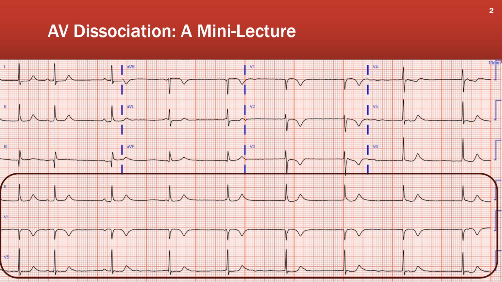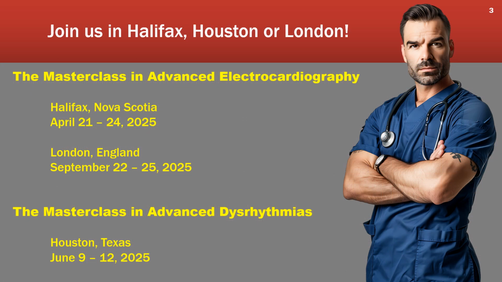So the bottom line is this. During AV dissociation, it is the shortened RR interval that informs us of a sinus beat that has captured the ventricles as a capture beat, not the duration of the PR interval. Many capture beats conduct with PR intervals longer than 200 milliseconds, but that doesn't keep them from being capture beats.